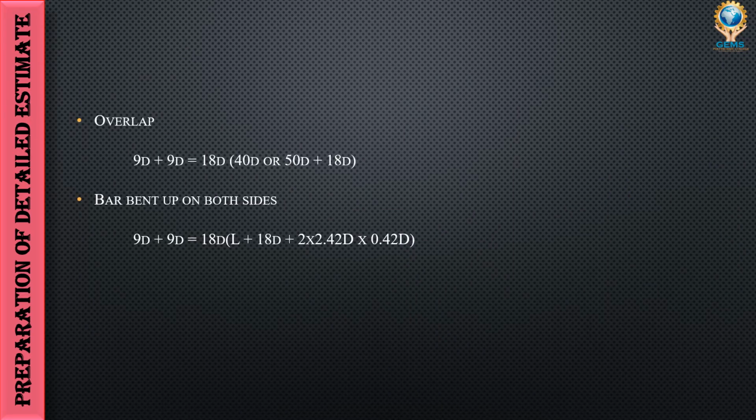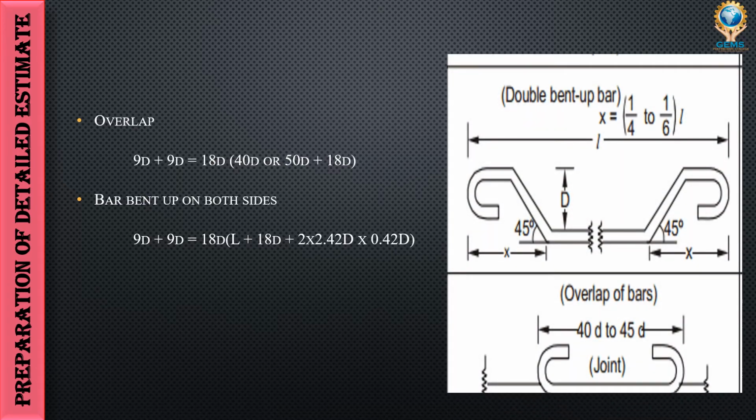Then next one, overlap. I have shown it in the previous image, and here also I have inserted an image of overlap of bars. So here also this portion is 9D, then this portion 9D, so 9D plus 9D gives 18D.